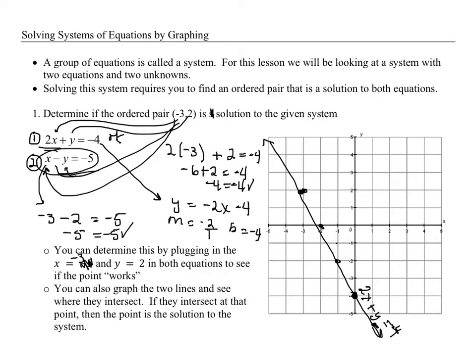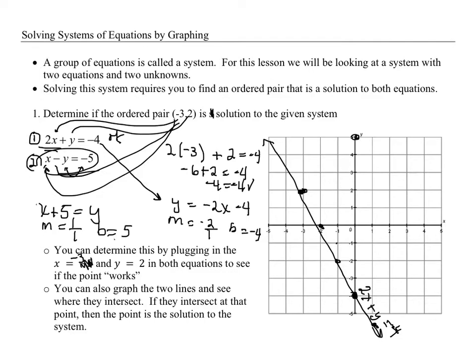Now let's do the second line. I'm going to move this over and the negative 5 back. Let me just erase this one right here. So this will become y is equal to x plus 5. The slope is equal to 1 over 1, and the y-intercept is equal to 5.